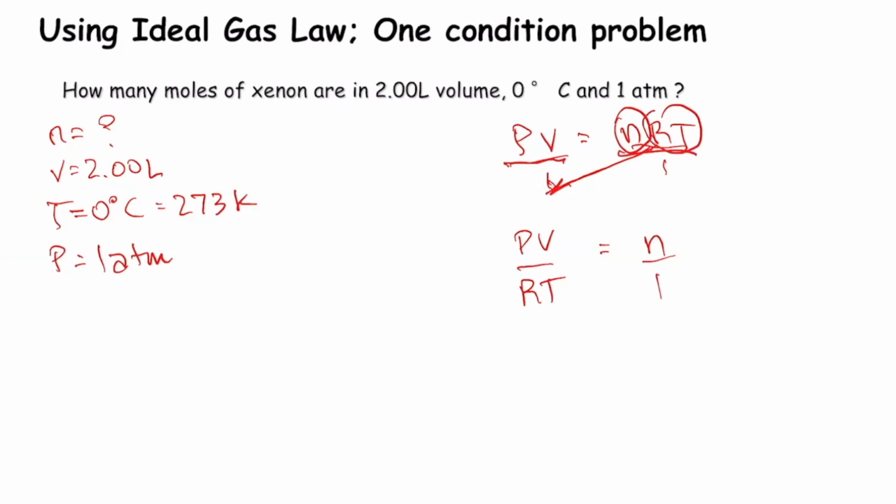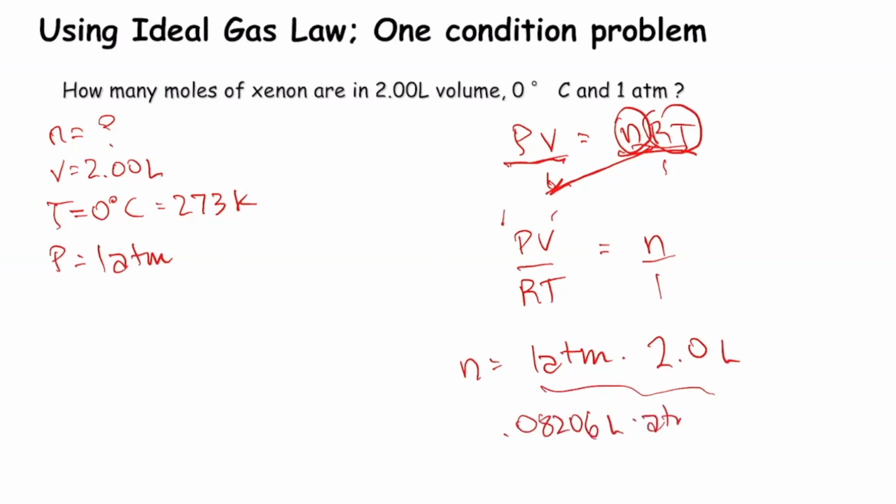The moles of gas is equal to 1 atmosphere times 2 liters, that's the pressure and the volume, all over R, 0.08206 liters atmosphere per mole Kelvin, and the temperature is 273. The Kelvins will cancel. The moles, because they're in the denominator of a denominator, now go up to the numerator. The liters will cancel and the atmosphere will cancel. What we get is moles as the proper unit when we do this math.